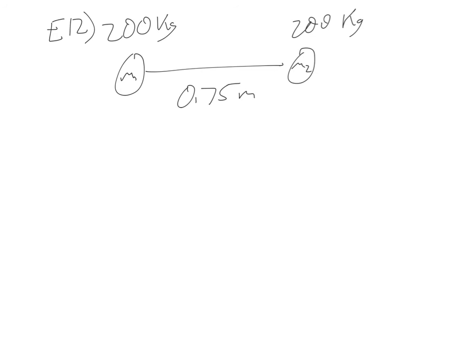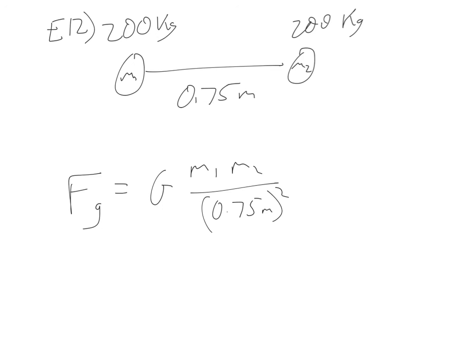And lastly, we have two masses, and we're trying to find the force of gravity between them. The force of gravity is equal to capital G, which is 6.67 times 10 to the negative 11th, multiplied by m1, which is 200, and m2, which is also 200, divided by the distance between them, which is 0.75 meters, squared.